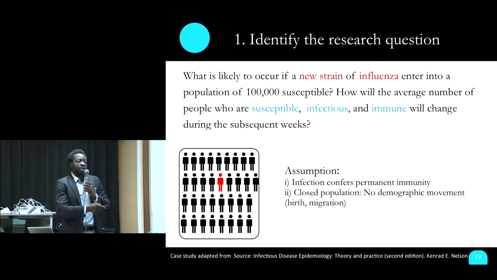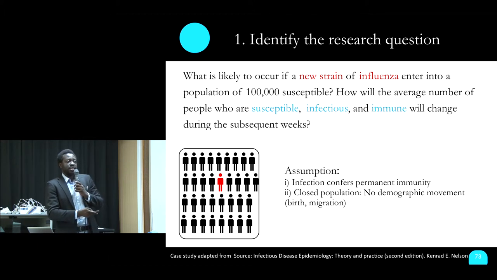So we have a population of susceptible, meaning that none of them is immune. And we have one infectious person. He is infectious because he can contaminate or transmit infection to other people. So we would like to see what would be the change in the population who are susceptible and among those who become infectious and immune.